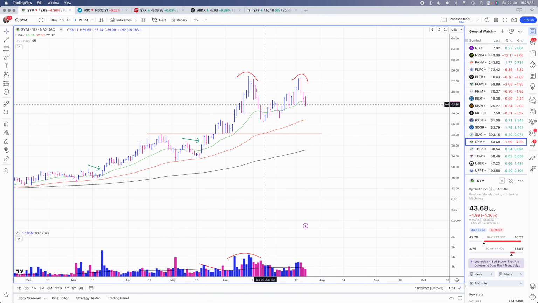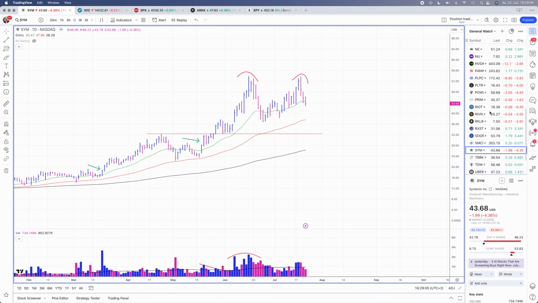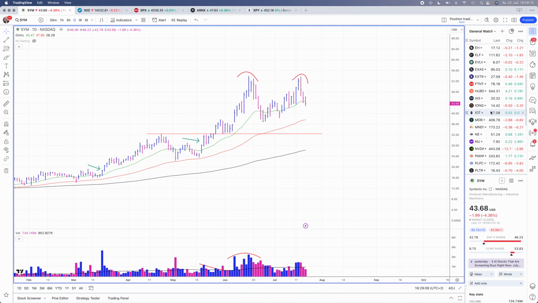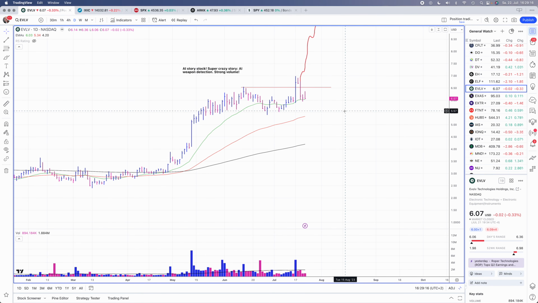Symbotic, another story stock and leader, was in development of a double top, and so on. We had so many signs on the watch list, and I also got stopped out of a position I had held for weeks. That was EVLV, Evolve Technologies.